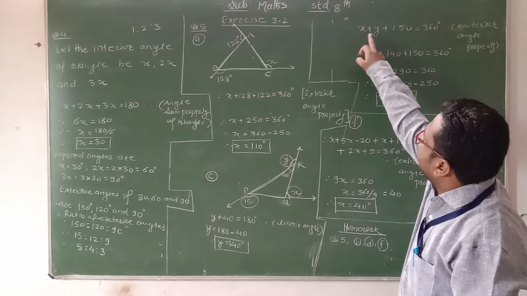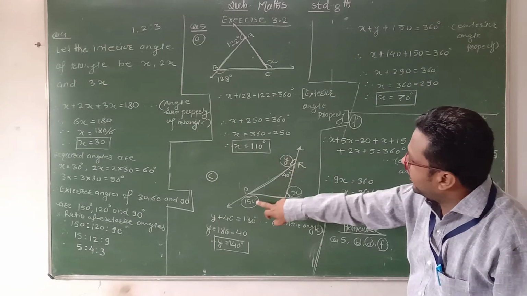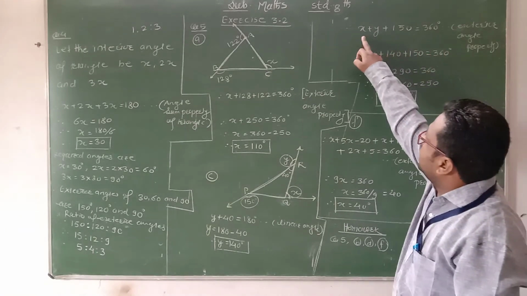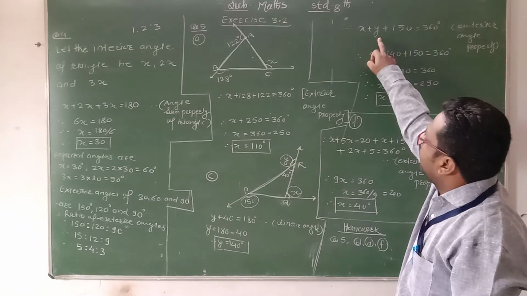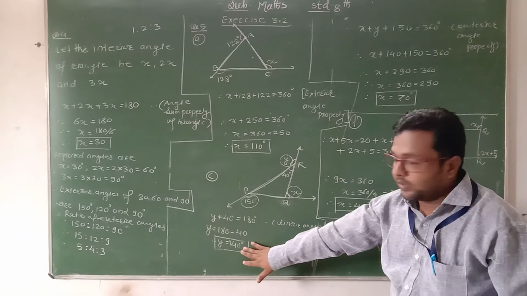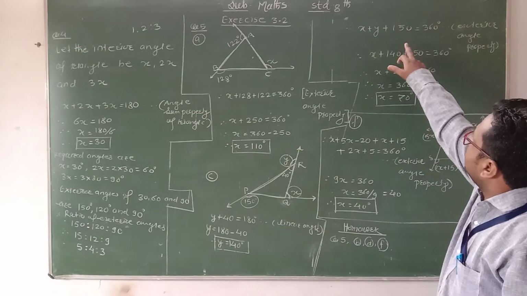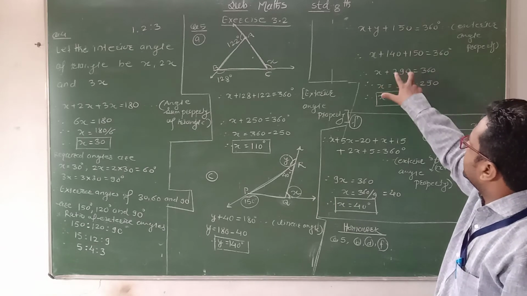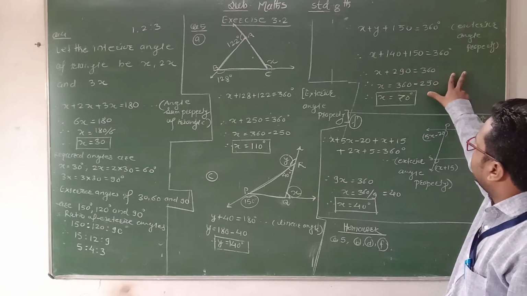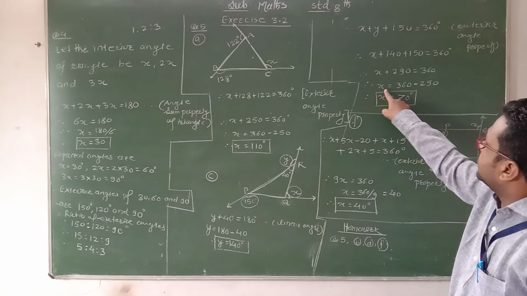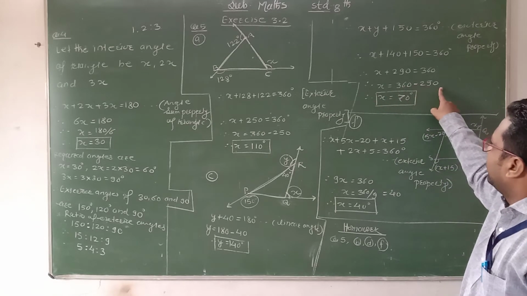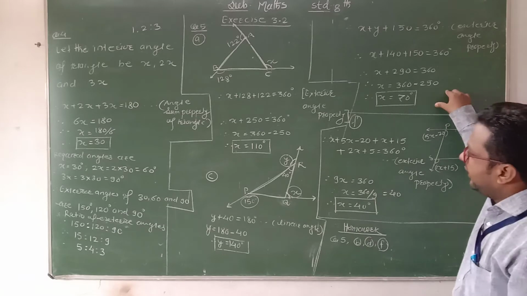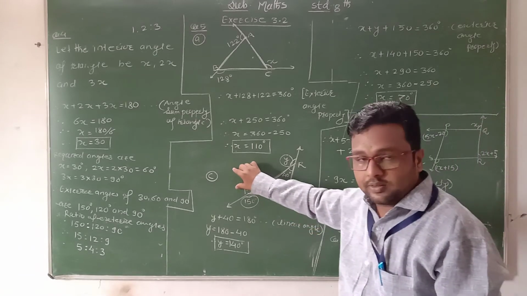Therefore I write x plus y plus 150 is equal to 360 degrees. X we have to find out, y we found is 140 degrees, plus 150 is equal to 360. Then the sum of these two numbers, 290, is equal to 360 degrees. Therefore x is equal to 360 minus 290. Therefore x is equal to 70 degrees. This is the value of x for this question.